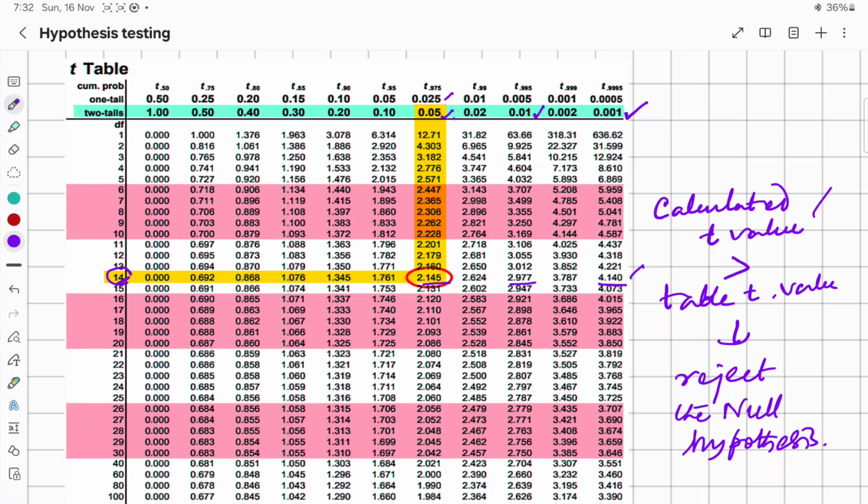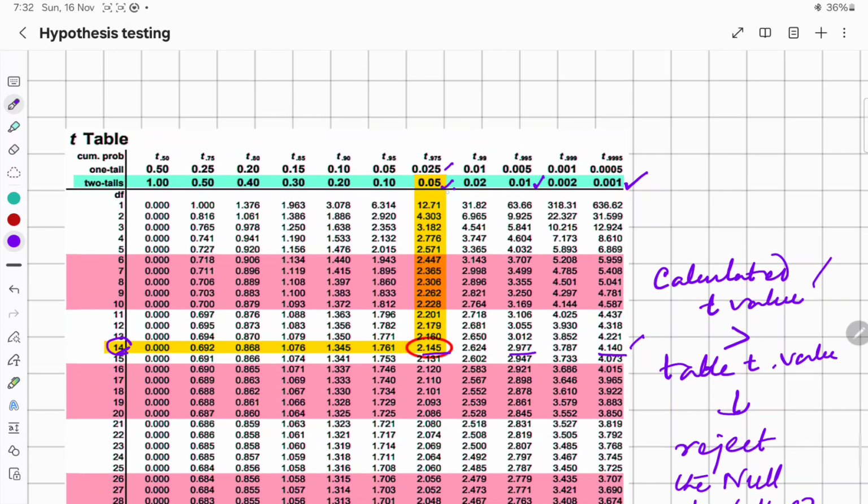The level of significance is generally fixed at 5%. So this is the minimum, so if your calculated t value is more than 2.145 for a degree of freedom say 14, then it's okay, and we can reject the null hypothesis, reject our assumption, and accordingly we can conclude.